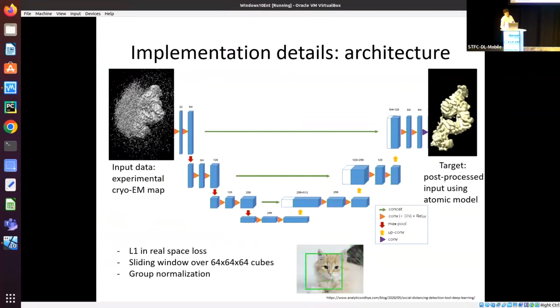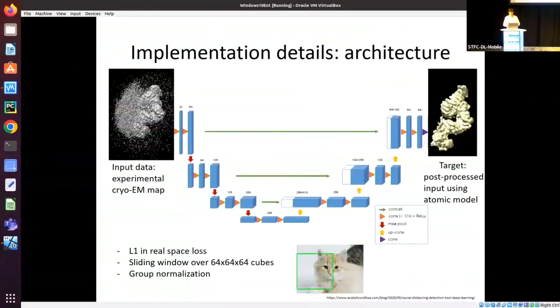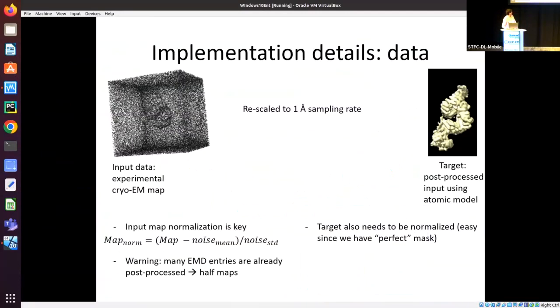And we cannot afford large batch sizes, so we need to switch from typical batch normalization to other normalization techniques such as group normalization. But apart from that, this is a very simple deep learning model. And even though we tried way more complicated models, in the end, the results were not too different. And we prefer this simple approach because it is way faster than more complicated models. And what is very important is the data we use for training.